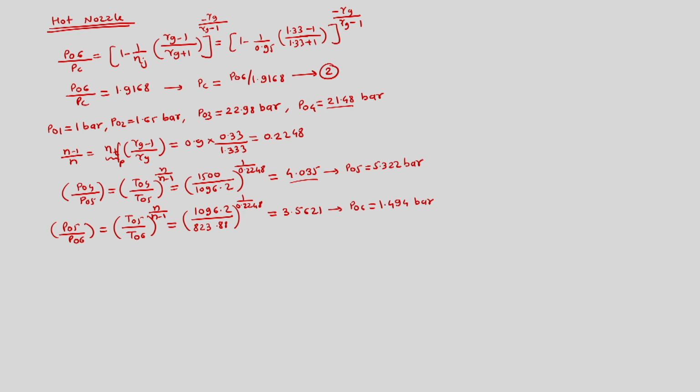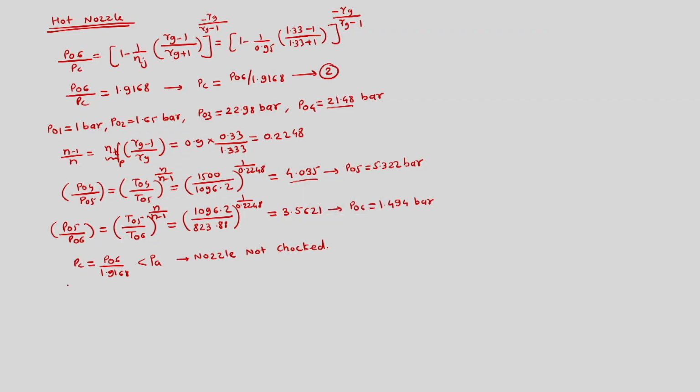So comparing from here we can know that Pc is equal to P06 upon 1.9168. It turns out to be less than Pa, since Pa is 1 bar. So we will have the nozzle not choked.